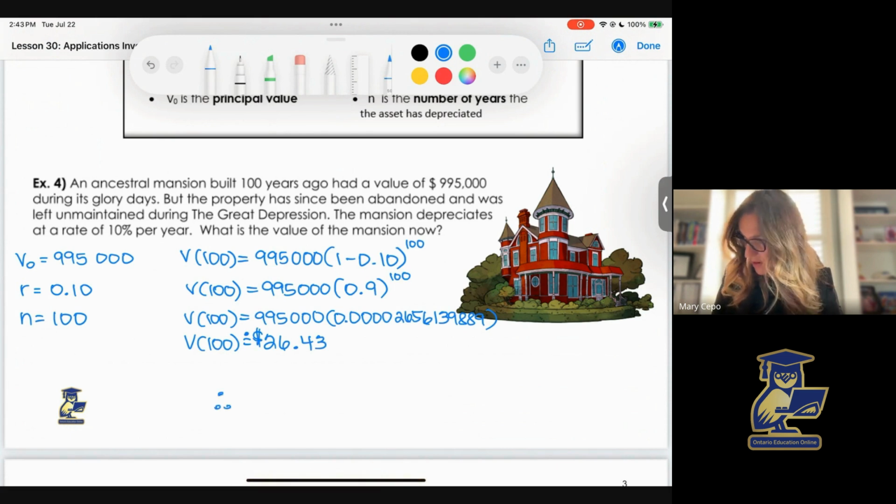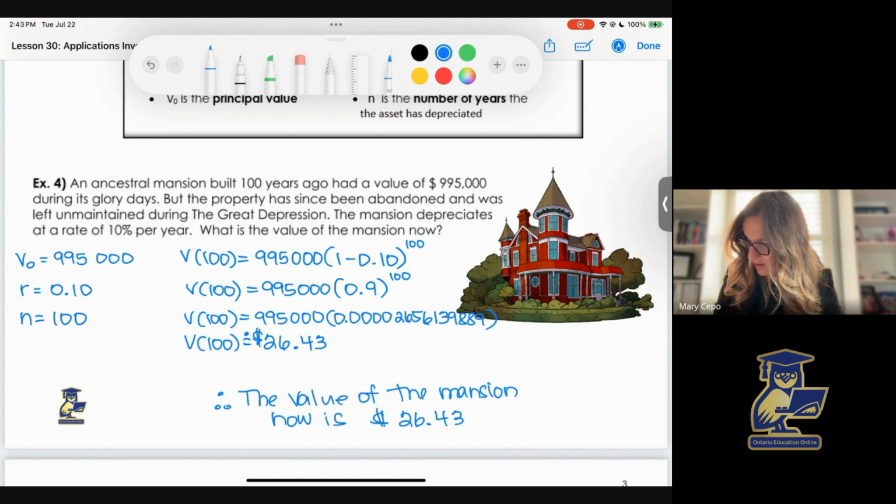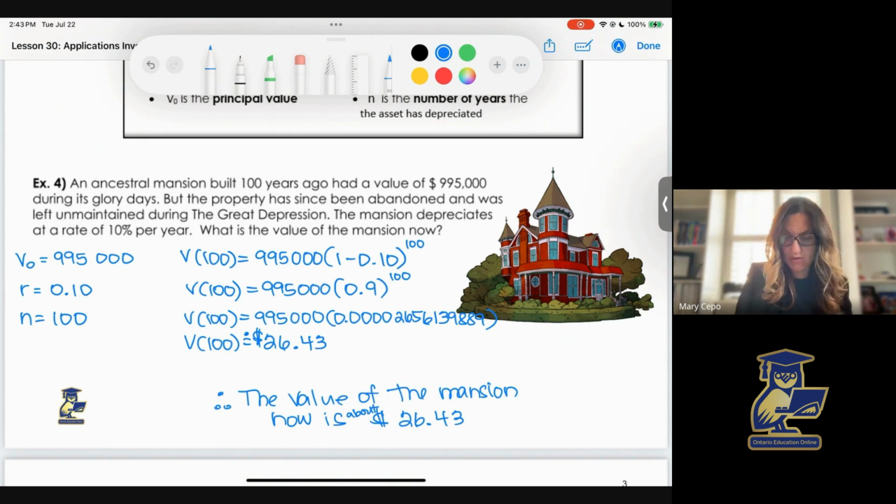So therefore, the value of the mansion now, if it depreciates at 10% per year, would be about $26.43.